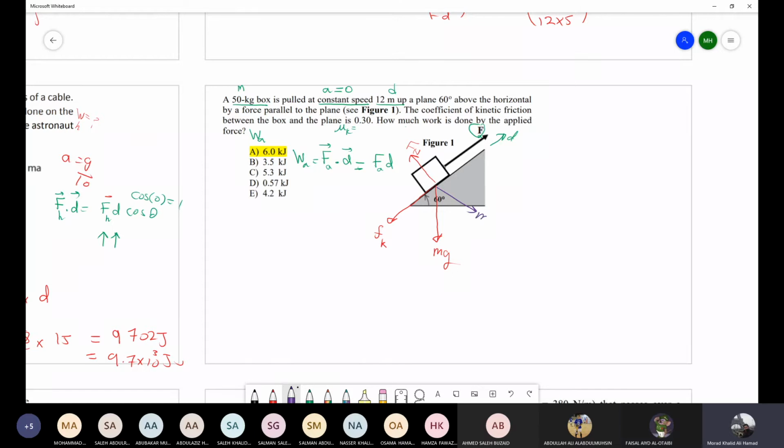Here we have mg cosine 60, and here mg sine 60. So according to Newton's second law, F net in the x direction equals ma, which is equal to 0. Why? It's constant speed.